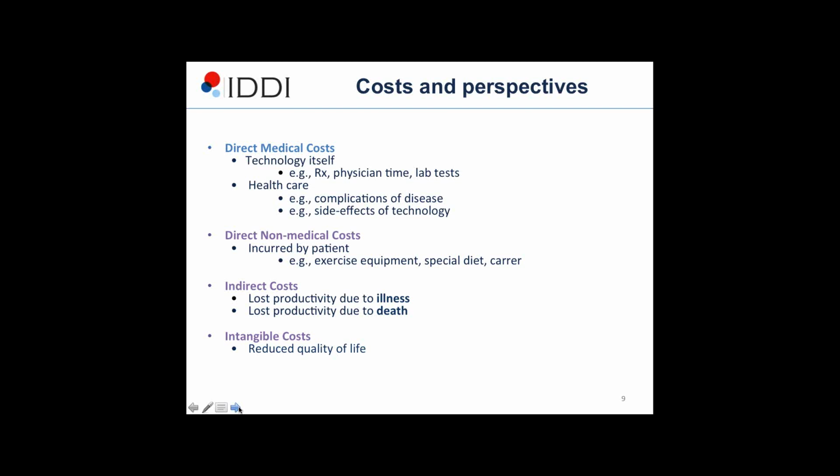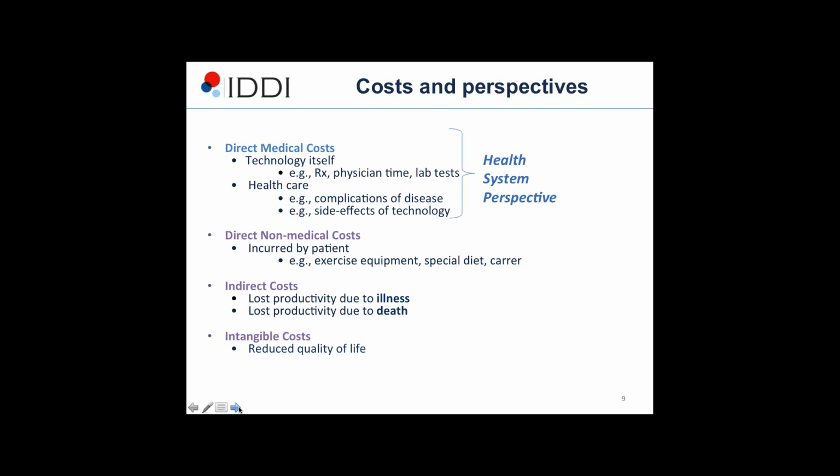There may be non-medical costs, such as those incurred by the patient traveling to the centre to have the treatment. But importantly, there are other dimensions of costs, indirect, around productivity, and also what we call intangible costs, which are associated with the costs of, for instance, reduced quality of life.